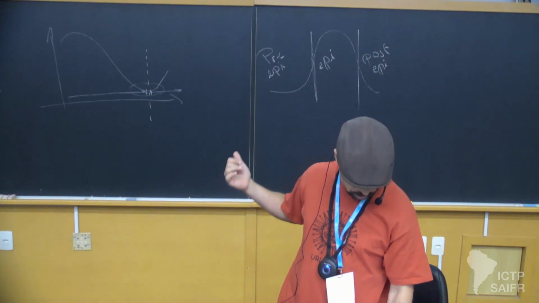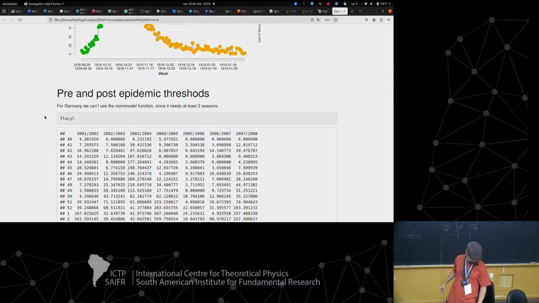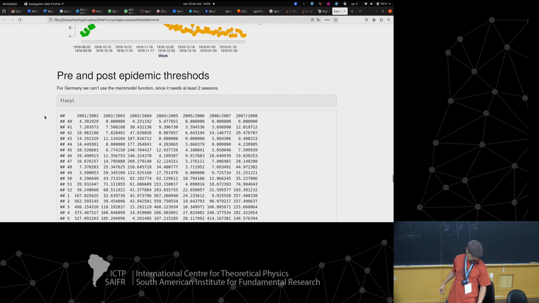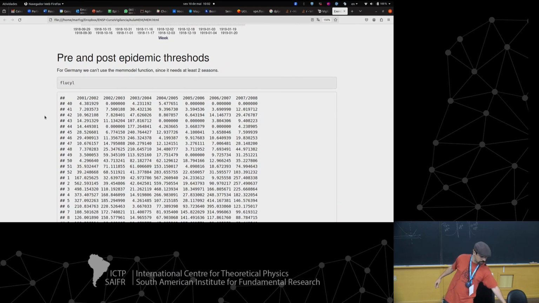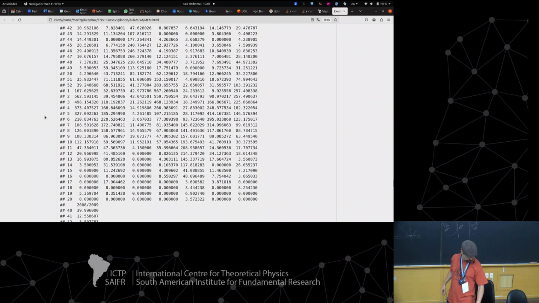Now, since I'm going to use the functions from the package itself, we will abide by that restriction and do away with the German data set and stay just with the influenza data from Castilla and León. Now, as we've seen already, we have several seasons.